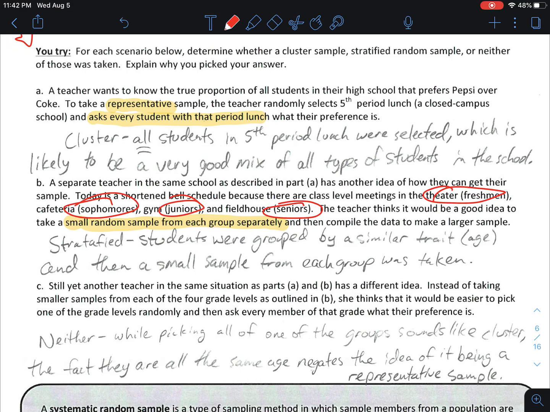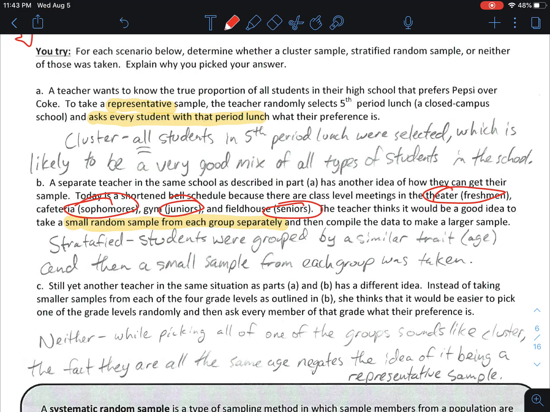Okay, while picking all of one of the groups sounds like cluster, the fact that they're all the same age negates the idea of it being a representative sample. Now again, if they're the same age, you could make an argument that even though they're the same age, they have differing opinions.